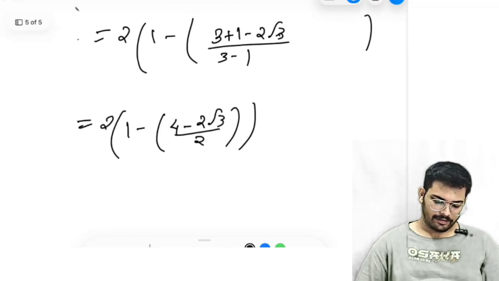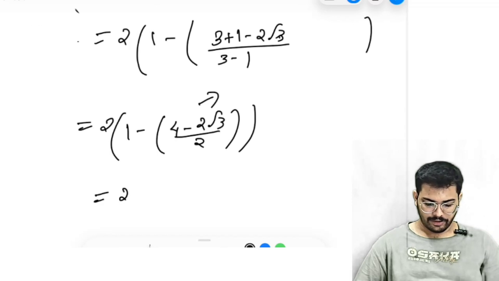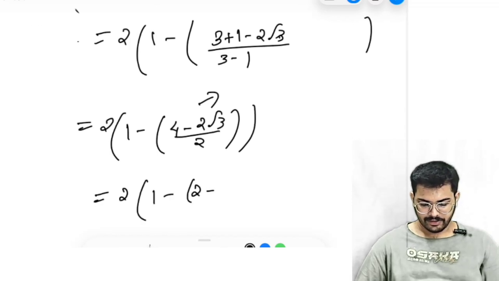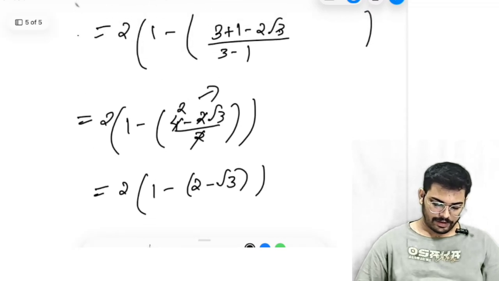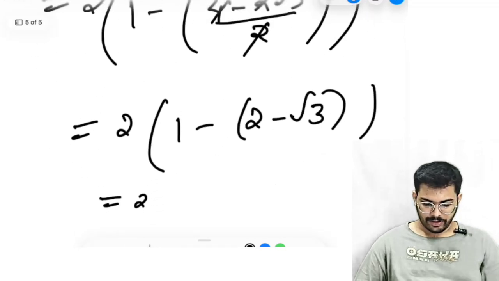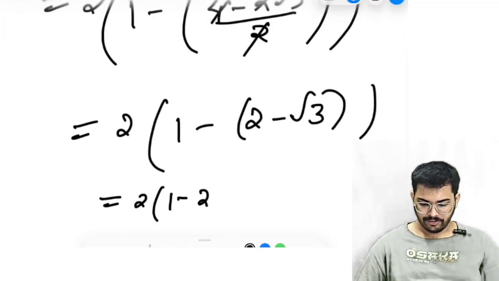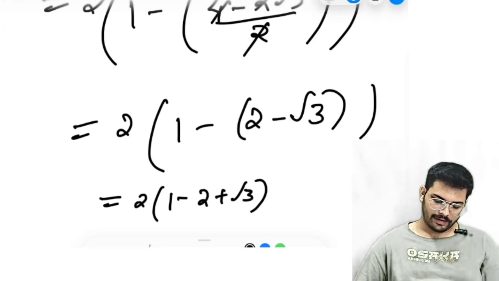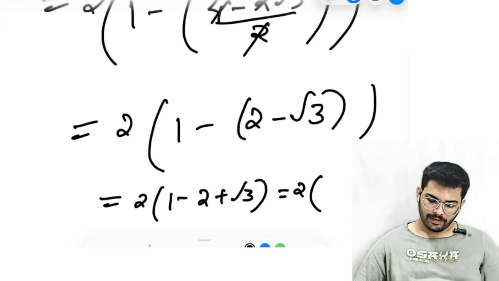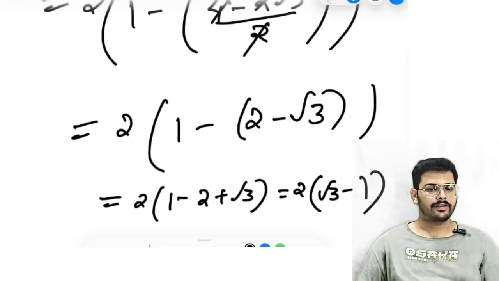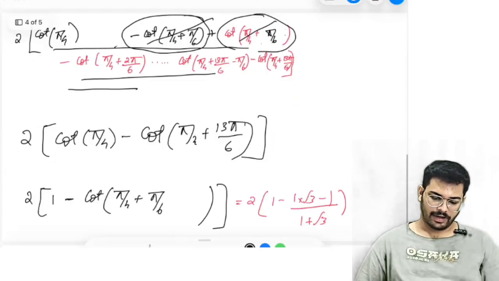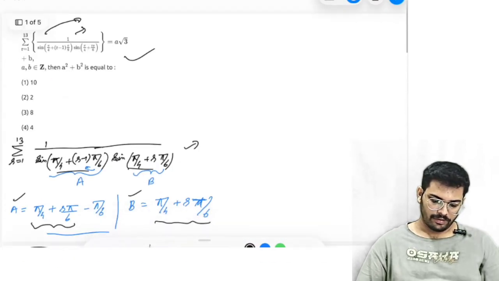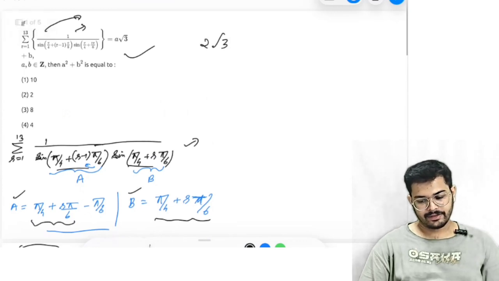Again, taking 2 common and cancelling, you will get 2 into 1 minus 2 minus root 3. When you open this bracket, it will become 2 into 1 minus 2 plus root 3. Therefore, this will become 2 into root 3 minus 1. So our answer will be 2 into root 3 minus 1.